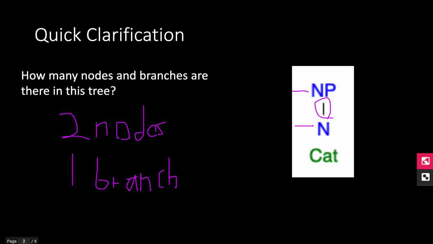And that relationship doesn't really seem to hold between the abstract category noun and the word cat. There is, of course, a relationship between them, but it's going to be a fundamentally different one than the relationships between these grammatical categories that we depict in the tree. So again, your professors may say something different, and that's fine, but for the purposes of these videos, I will not be counting the actual words at the end of the tree as nodes.